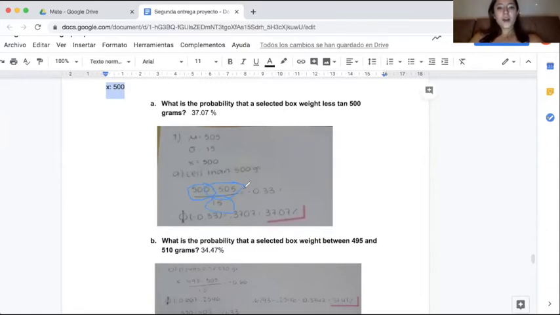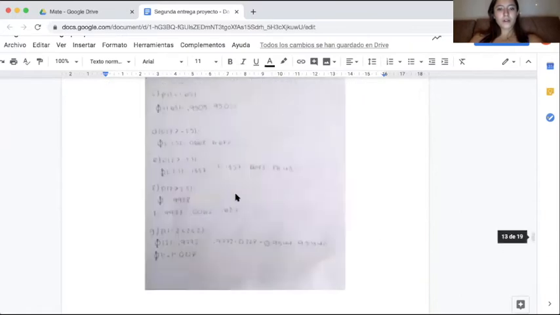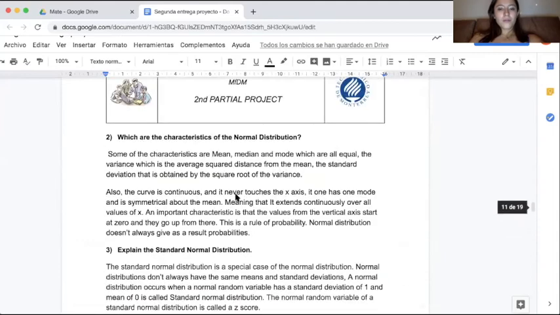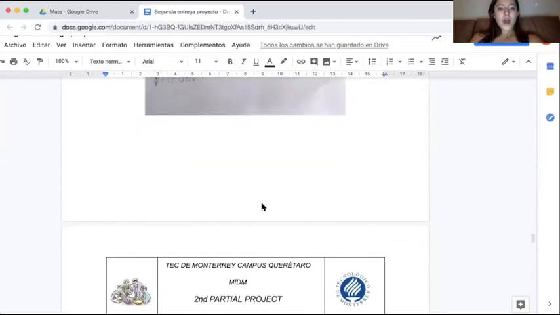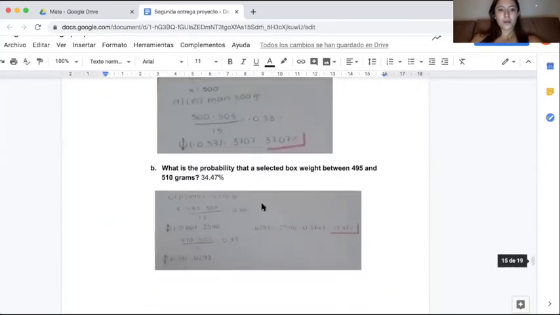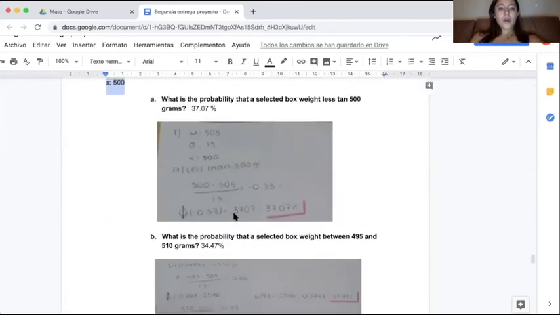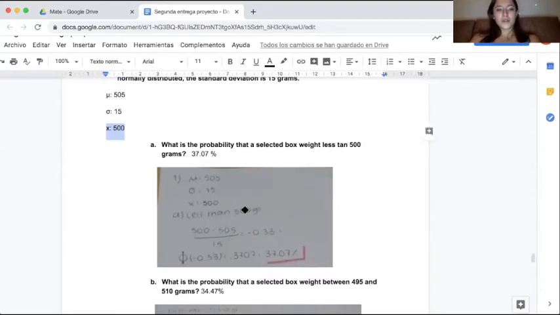This formula gives us a value, and we need to look for it on the z table. Once we find it in the table, we write that number down as the final result for our problem, which would be 0.3707, equal to 37.07%.